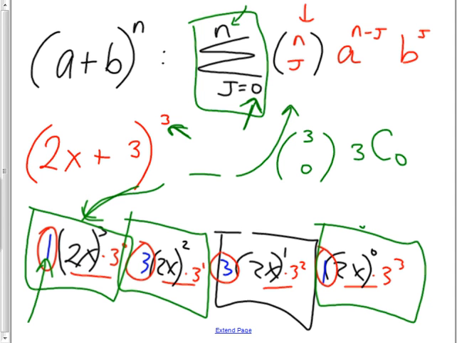And do you remember how that translates to 3 factorial over 0 factorial times 3 minus 0, which is 3 factorial? And the weird thing is 0 factorial is equal to 1. All right, so this is really 3 factorial over 3 factorial, which obviously is the exact same thing. So it cancels, and the answer is what? 1. And that's how you get the 1. Do you get why Pascal's triangle is a lot easier than that to get the 1? But it works.